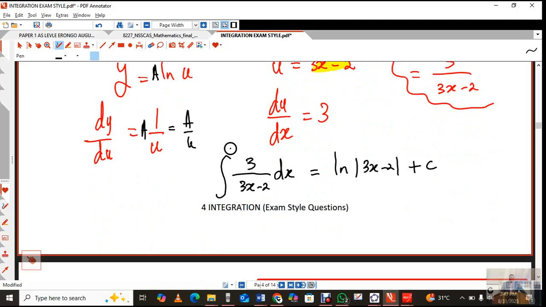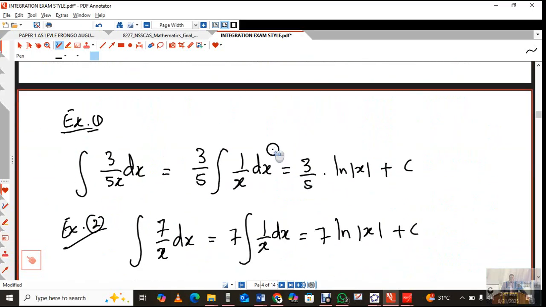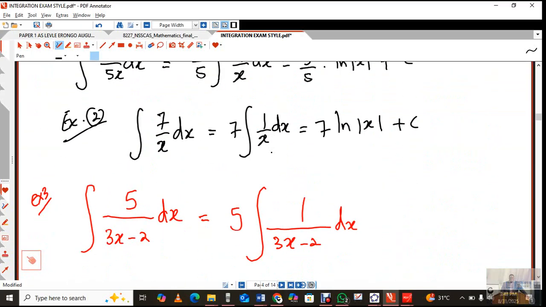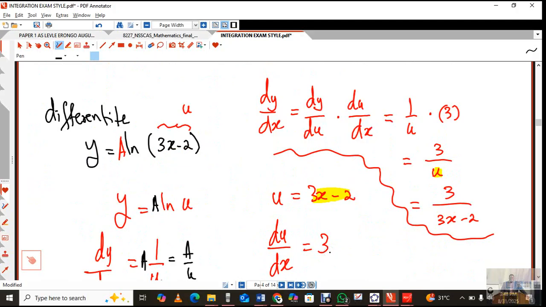All right, so to differentiate now this part, where I'm here, how will you do this? So this is nothing but 5, and 1 over that is going to be the natural log of 3x minus 2 plus c. Now there is something there that we are going to do, because you see this 3 that we have over here, it came on top when we did that, because I have a 3 here, so it's supposed to be 1 over.